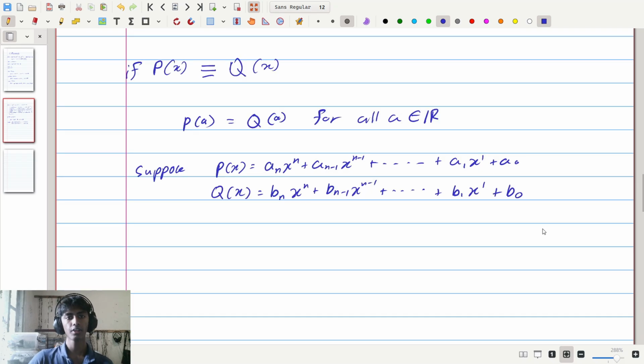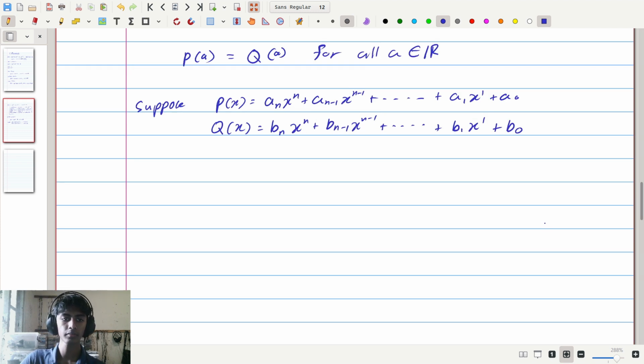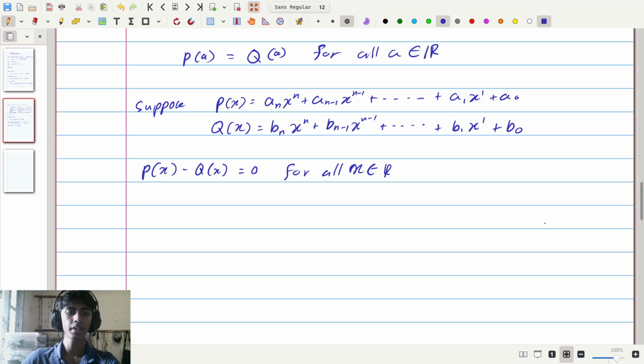So given this, if p(a) is equal to q(a) for all a, then it should be the case that p(x) minus q(x) is equal to 0 for all x elements of the real numbers. This should also be the case. If we write these two instead of p(x) and q(x), let's group the x to the n and x to the n minus 1 terms.